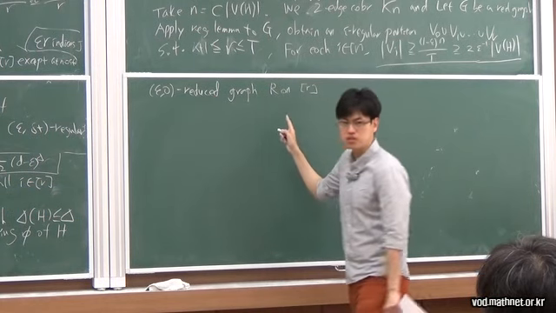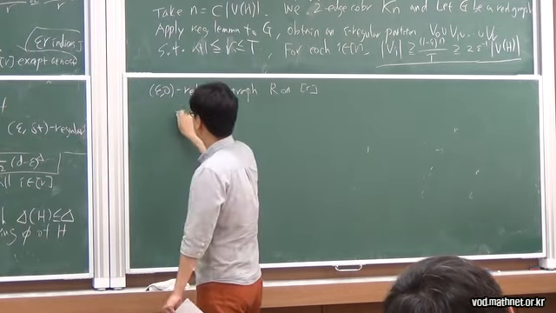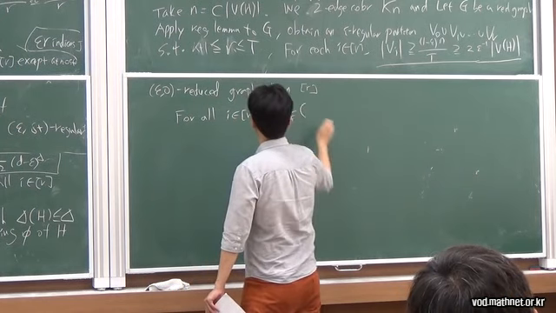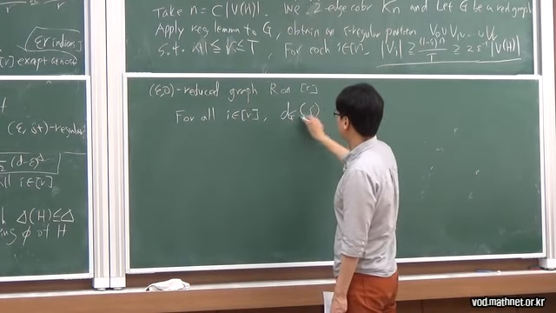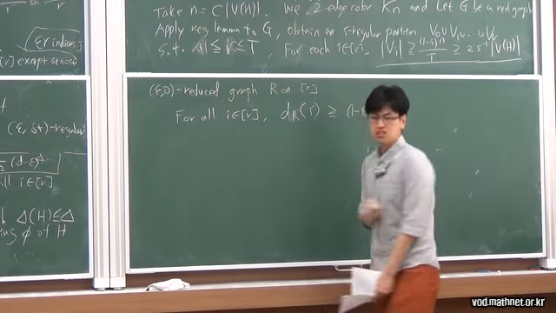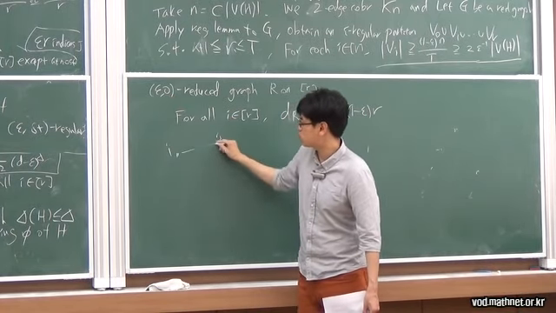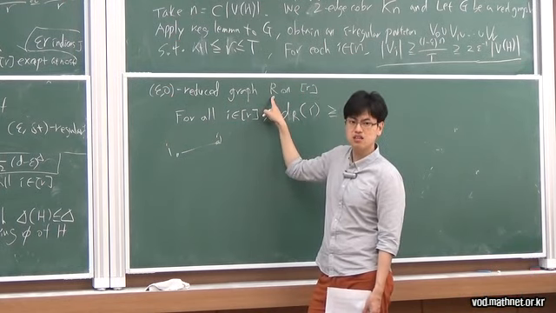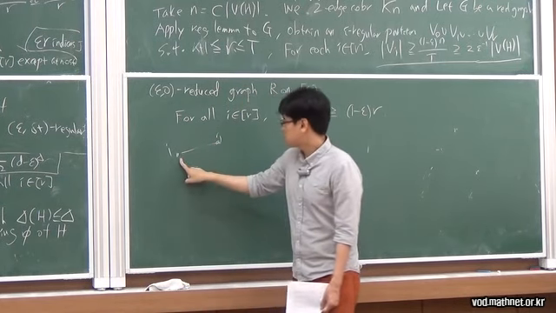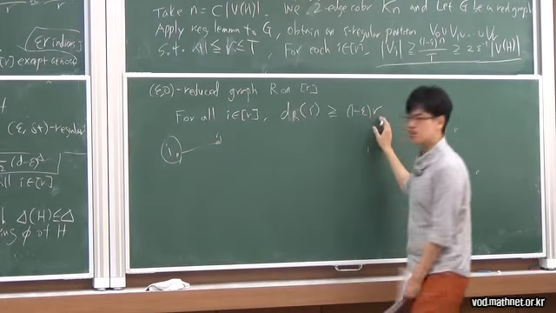So that means R is almost complete. The condition R4 says that for all i, the degree of i in R is at least 1 minus epsilon times R. So here we put zero, which means that for i and j, as long as they are epsilon regular, we put the edge in R. So R4 says that for fixed i, all j are epsilon regular with i except for at most epsilon R. So we get this.